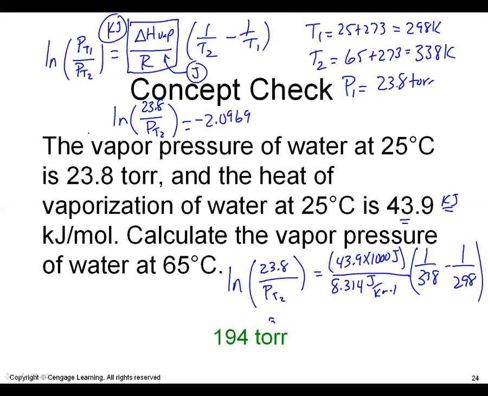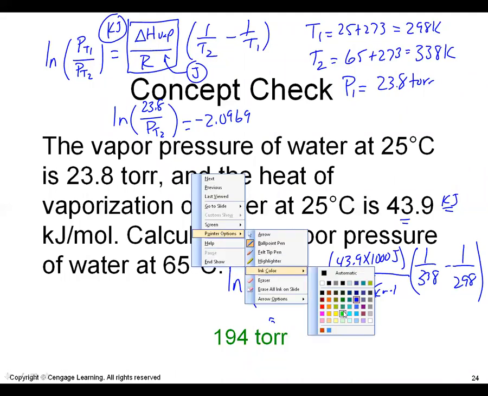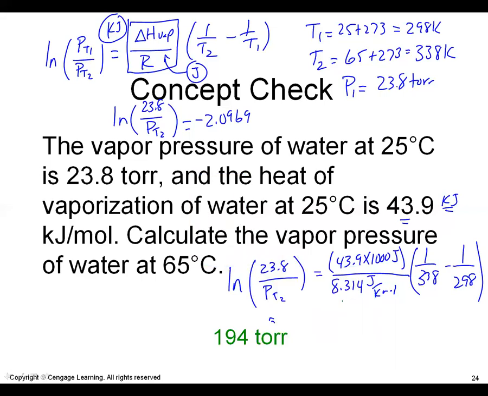To get rid of the natural log, we need to take e to both sides. So we would take e to this side and e to this side. On the left-hand side, it just becomes 23.8 over the vapor pressure.